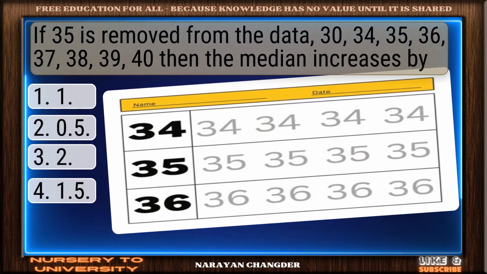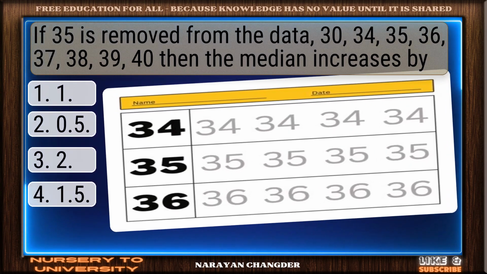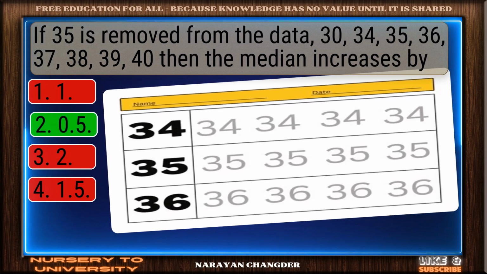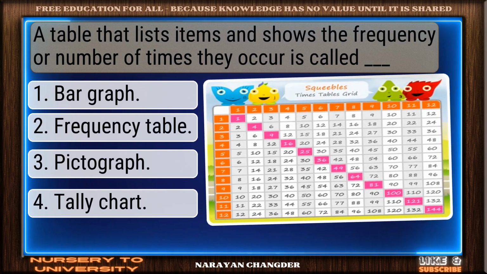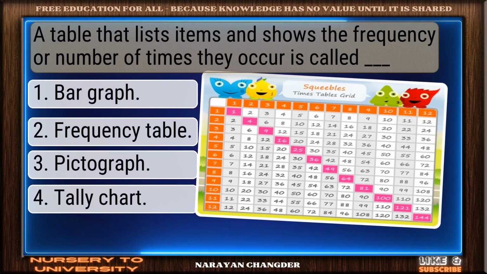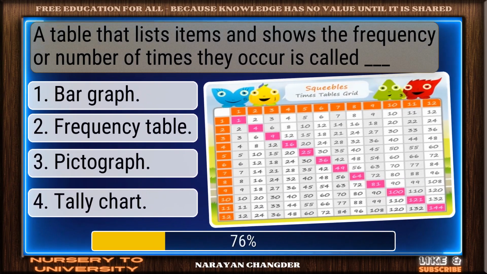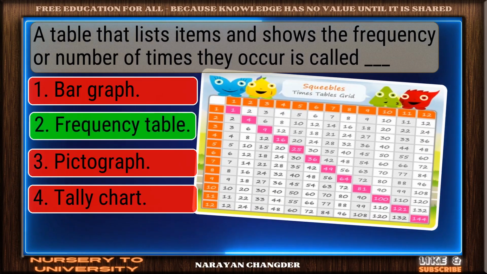If 35 is removed from the data 34, 35, 36, 37, 38, 39, 40, then the median increases by? Well reasoned. 0.5 is correct. A table that lists items and shows the frequency or number of times they occur is called dash. You're right. Frequency table is correct.